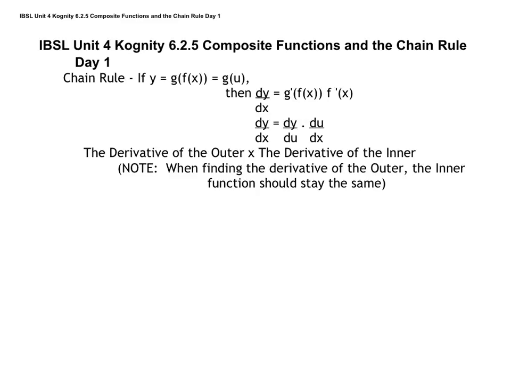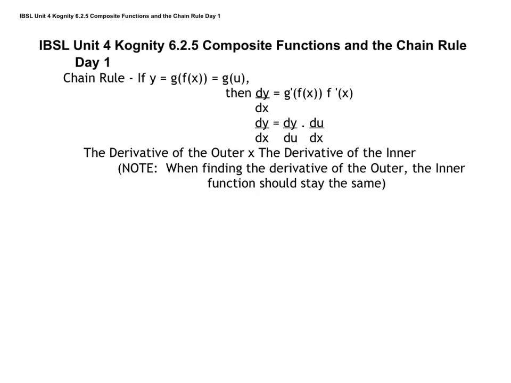But the derivative of that is going to be the derivative of this g, the outer function. But notice we're going to leave the inside function alone. We're going to leave it as an f of x. So we're taking the derivative of the outside function, leaving the inside function alone, but then we're going to multiply that by the derivative of the inside function.